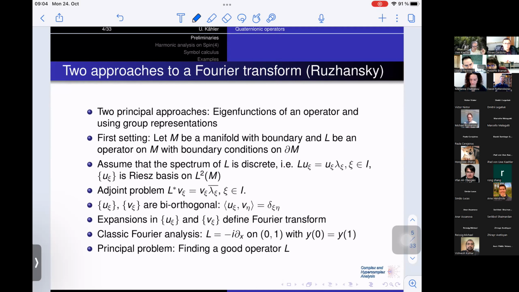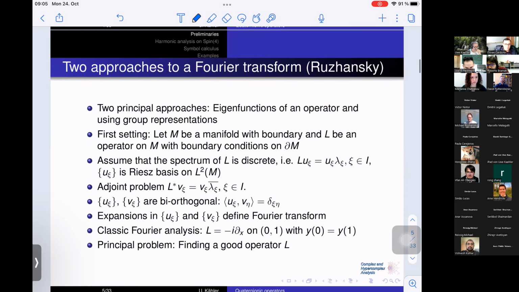Here you can use M as a manifold with boundary, but you can also just use, for instance, a compact manifold without boundary. Then you have, for instance, the Laplace-Beltrami operator, and you know a priori that it has a discrete spectrum, and with that a discrete set of eigenfunctions, and you can use them for that part. One can always use that.